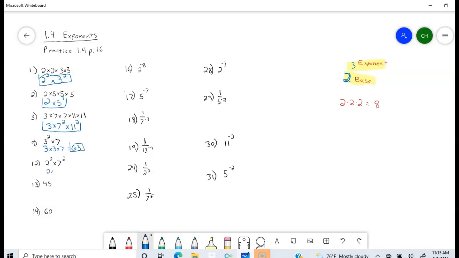This becomes 2 times 2 times 7 times 7. So 7 times 7 is 49, times 2 is 98, times 2 is, let's see, 196.